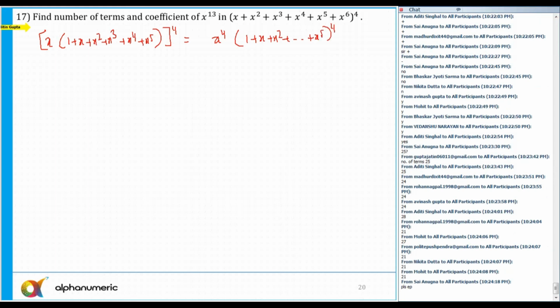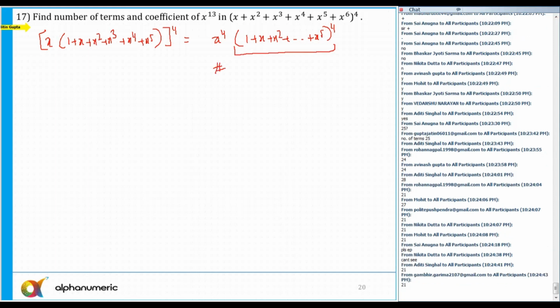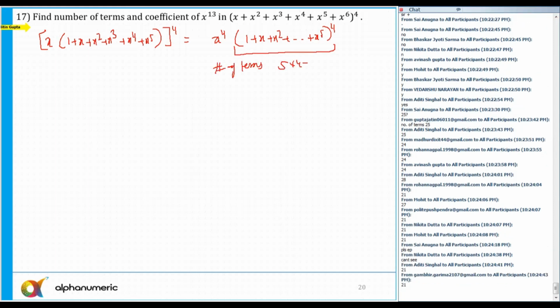So what is the number of terms in this case? It is equal to 5 into 4 plus 1, which is equal to 21. All these 21 terms will be multiplied by x raised to power 4, but the number of terms will still remain the same. So the total number of terms is 21. Remember that the formula will be applicable only if it is starting from 1.